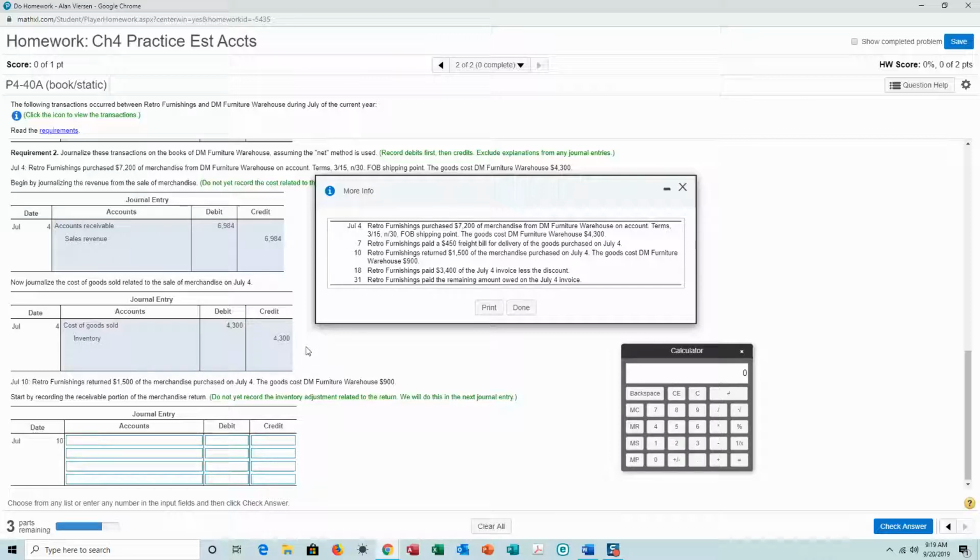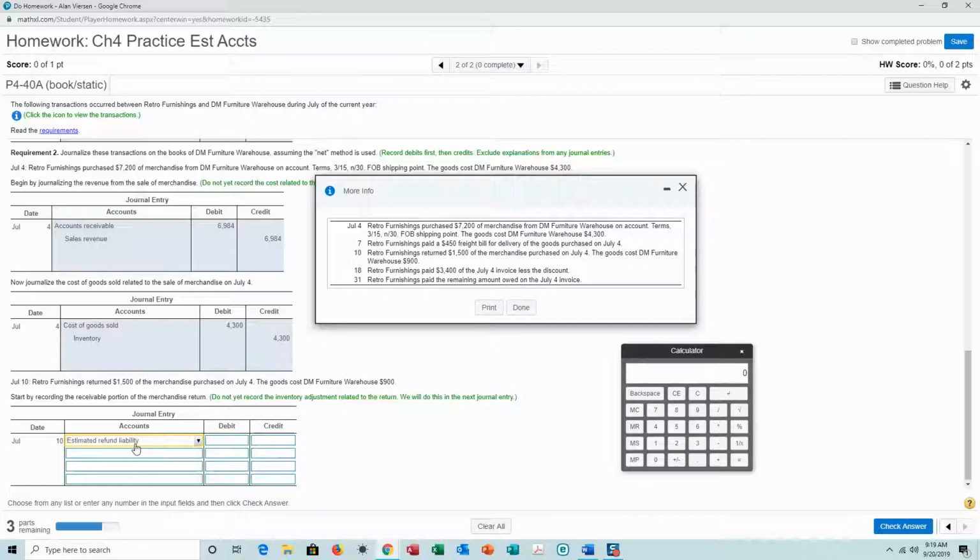Okay, now when Retro Furnishings returns $1,500 of the merchandise that was purchased, because we are DM Furniture Warehouse, we have to record this return. And this is where those new accounts come in. We're going to debit the estimated refund liability, because in problem 29 we established the total amount of refunds that we would have in the month.